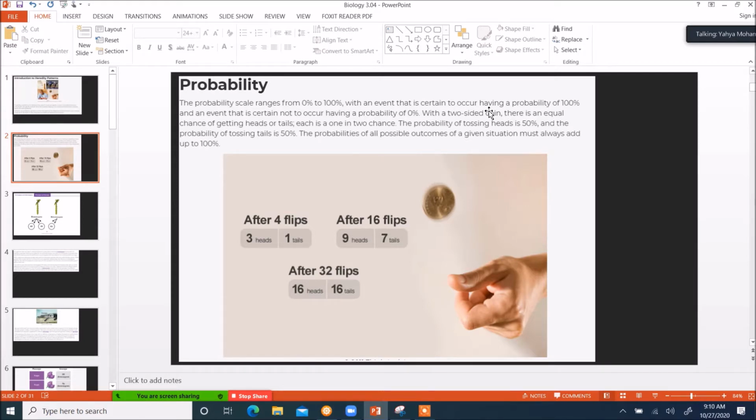The probability is determined by the different possibilities: out of 100%, you divide it into that many equal portions. It's not that 75% of the time it's going to be heads and 25% of the time tails. Whatever the different choices, they're distributed equally.